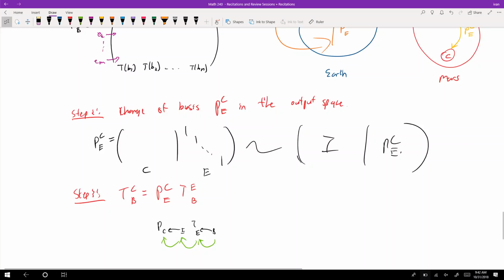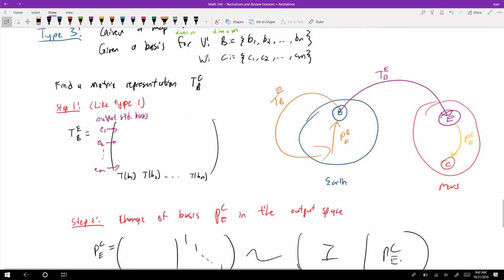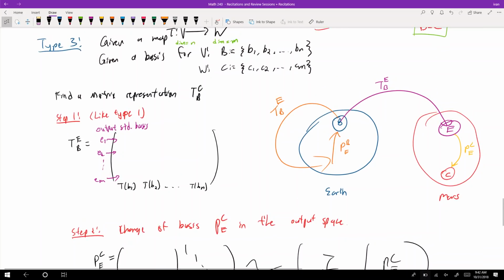So if you have a basis and you're trying to get from the standard basis of the vector space to the transformed version, you use the P notation. Yeah, so P is within the same vector space, right? So you notice that we only ever use P on Earth or on Mars.